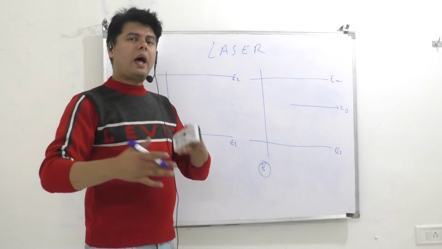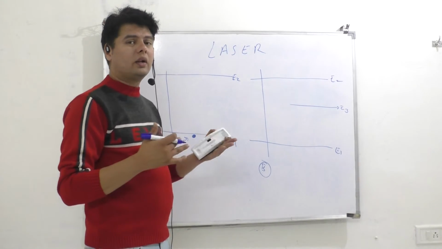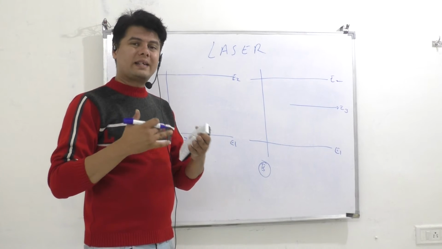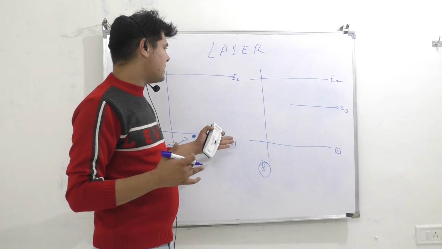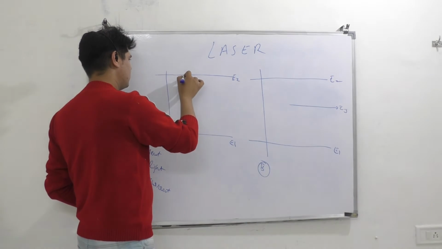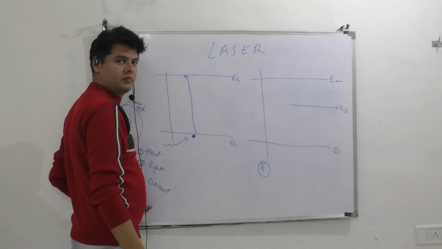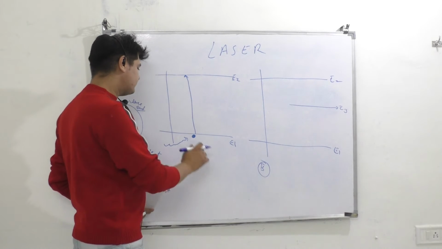Whenever I apply some external energy, this electron will excite and move from energy state E1 to energy state E2 after absorbing the energy. This is called the absorption process.